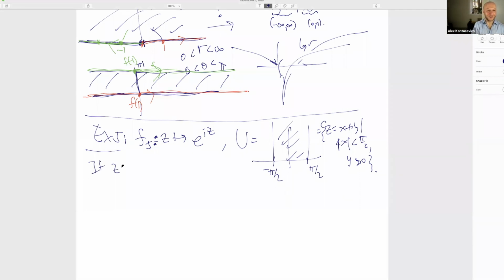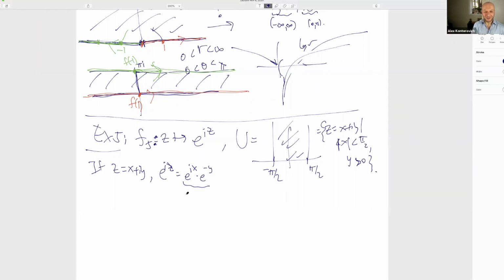Here's how I would do this one. If z is x plus iy, e to the iz is e to the ix times e to the minus y. So this is the magnitude and this is the argument. It's in polar coordinates already.